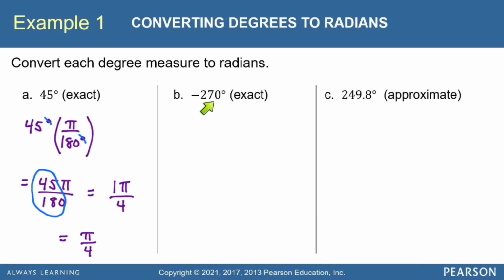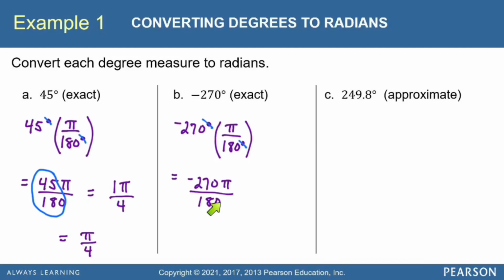And then here in part B, we have negative 270 degrees, and again it says to leave your answer in exact form. So if we start with our negative 270 degrees, and again we multiply by our conversion factor as pi over 180 degrees, the degrees will cancel out, and we'll be left with negative 270 pi over 180.